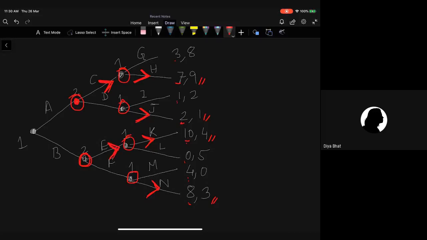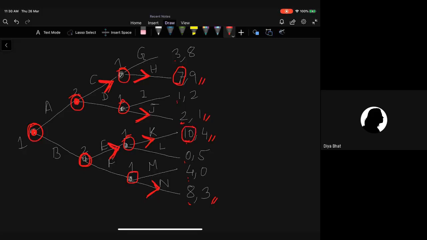And knowing this, what would 1 do at the very beginning, the first node? If 1 chooses A, it will end up getting 7. If 1 chooses B, it will end up getting 10.